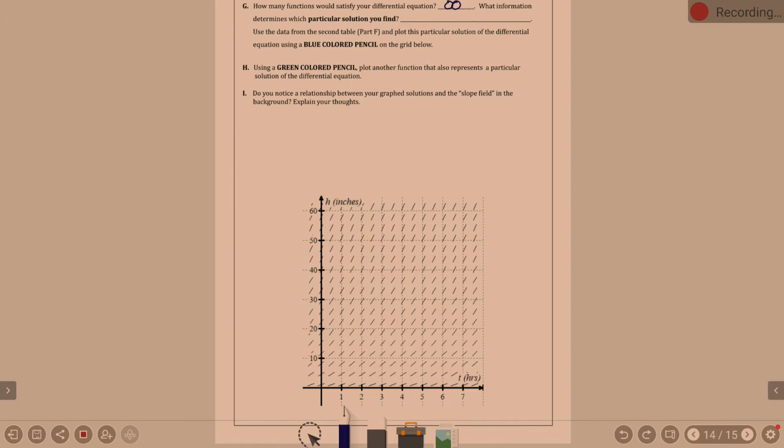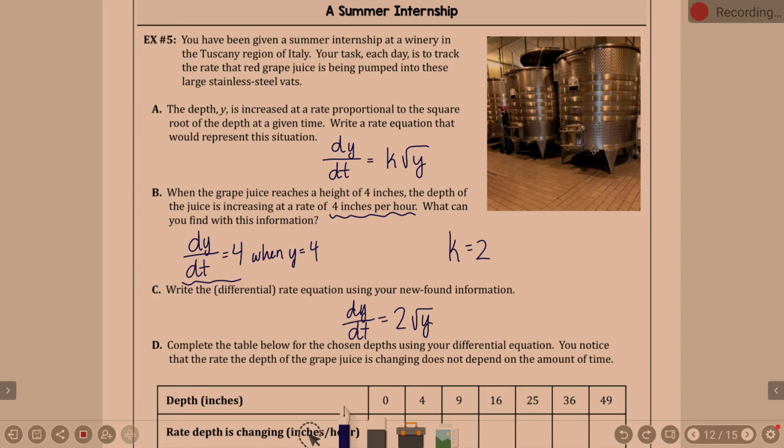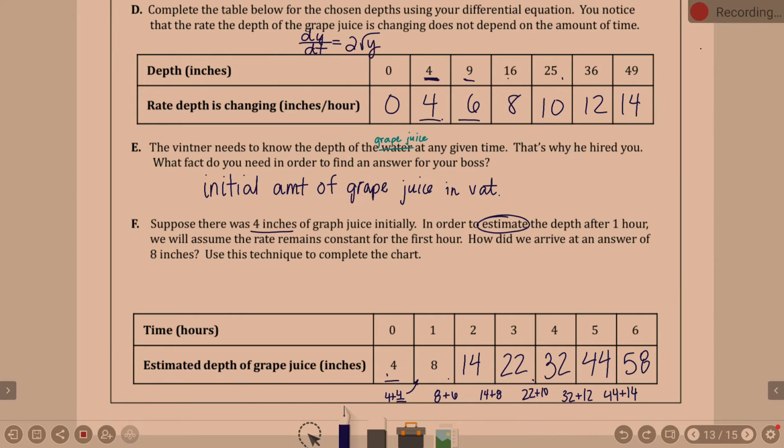Okay. What information determines which particular solution you find? Basically, in other words, how are you going to find your C value? Or in the one we just did, how are we going to find a K value? Well, in order to find that K value, we had to know what it started off as, right? We had to know some kind of information about what it starts off as.